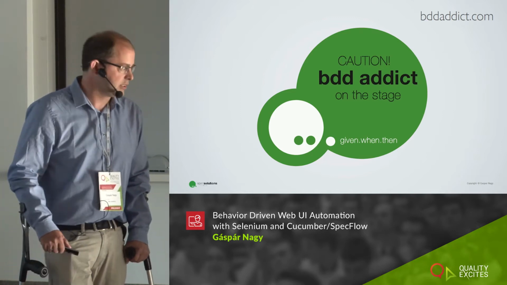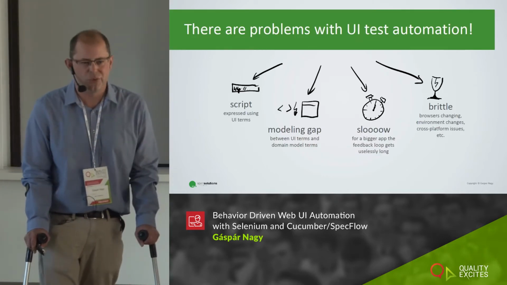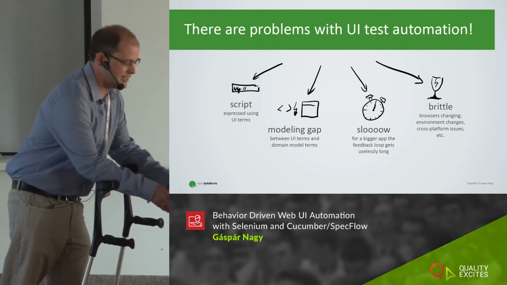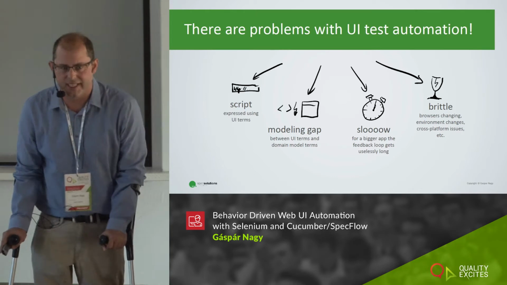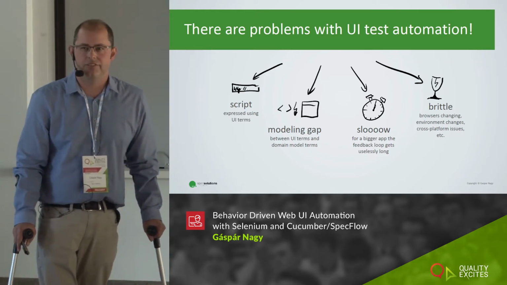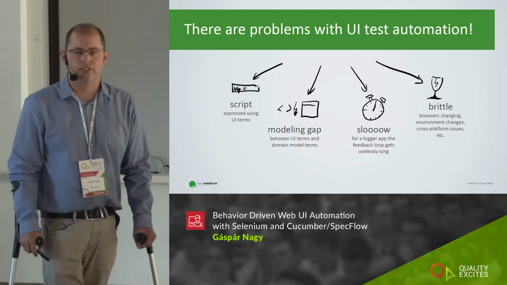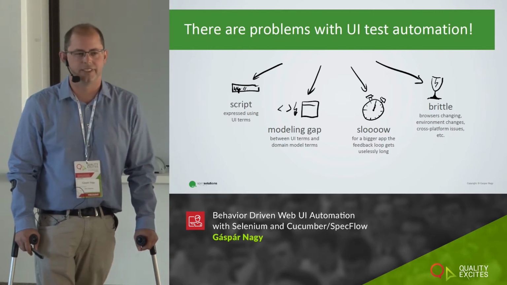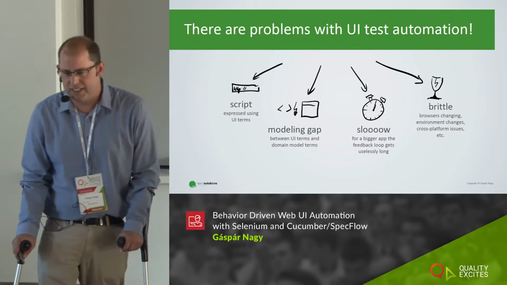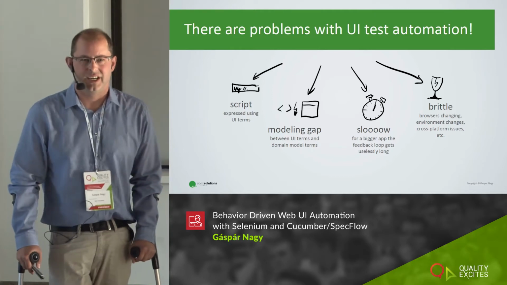Okay, but today we will talk about UI automation, and UI automation has problems. Probably you all know that typically UI automated tests are brittle, they are slow, and whenever I tell other BDD addicts that I'm going to talk about UI automation at a conference, they say this is strange, because typically in BDD we say that UI automation is a dangerous part.